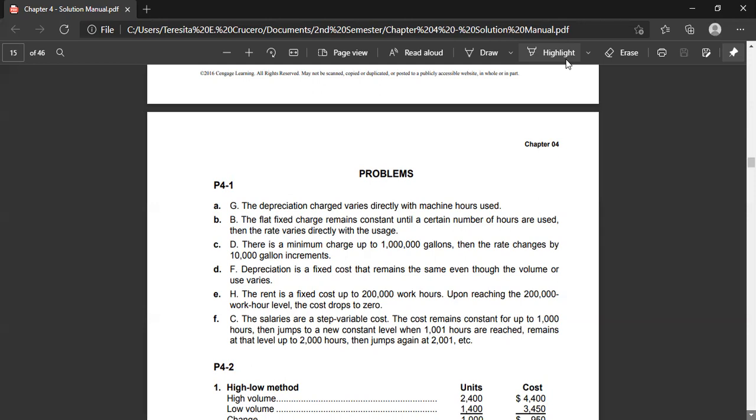Next, letter C, city water bill computed as follows. First, 1 million gallons or less, 1,000 flat fee.